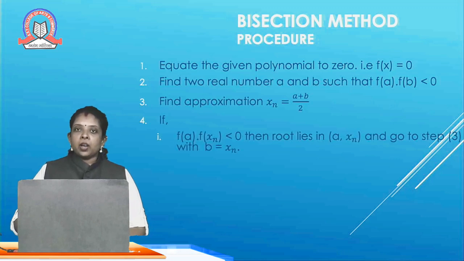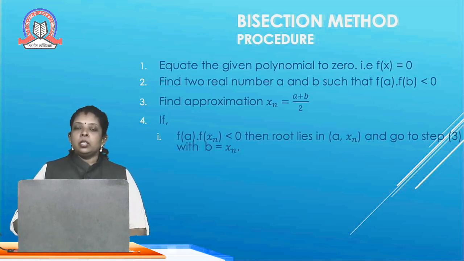We will see how to find the initial intervals and how we can calculate the different iterations. Iteration means the process of continuous calculation for the same equation with multiple values.